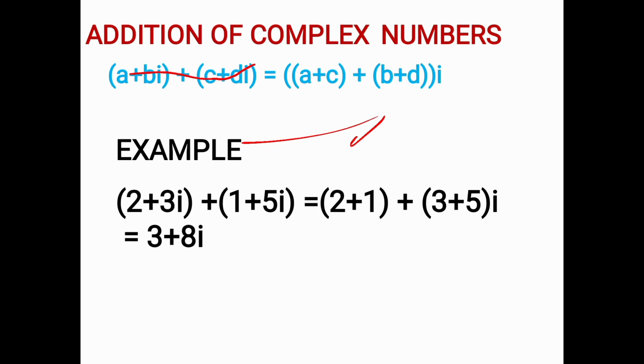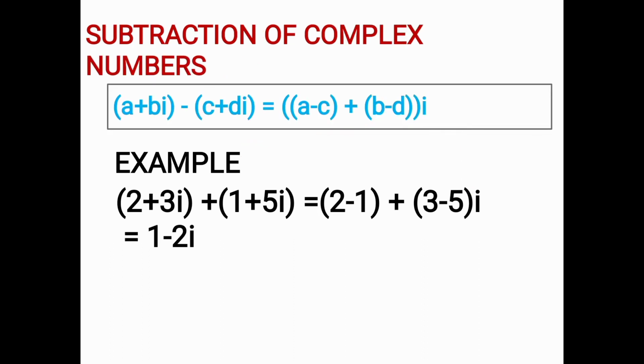Real parts will be added and imaginary parts will be added as shown in the figure. For example, 2 plus 3i plus 1 plus 5i, 2 plus 1 is 3 and 3i plus 5i, 3 plus 5 in brackets as shown, equal to the final result 3 plus 8i.